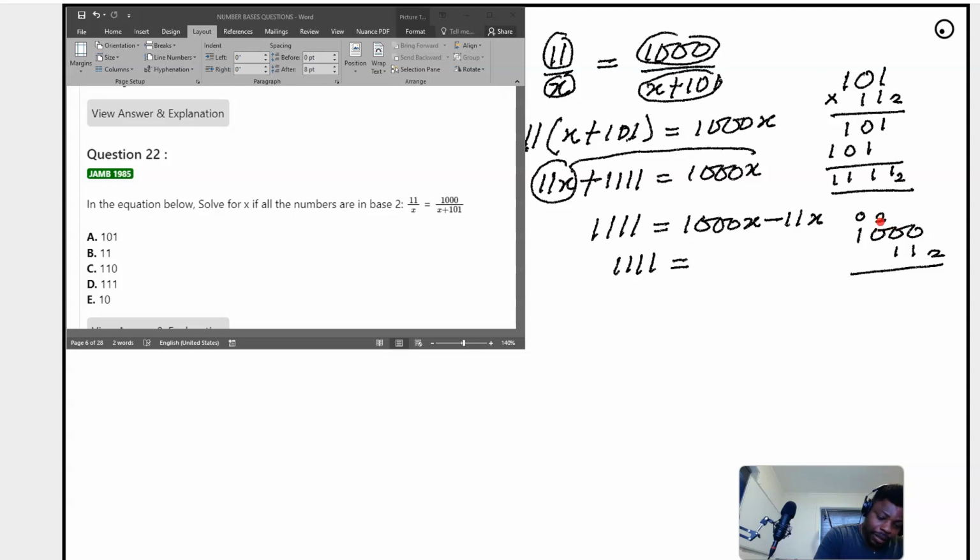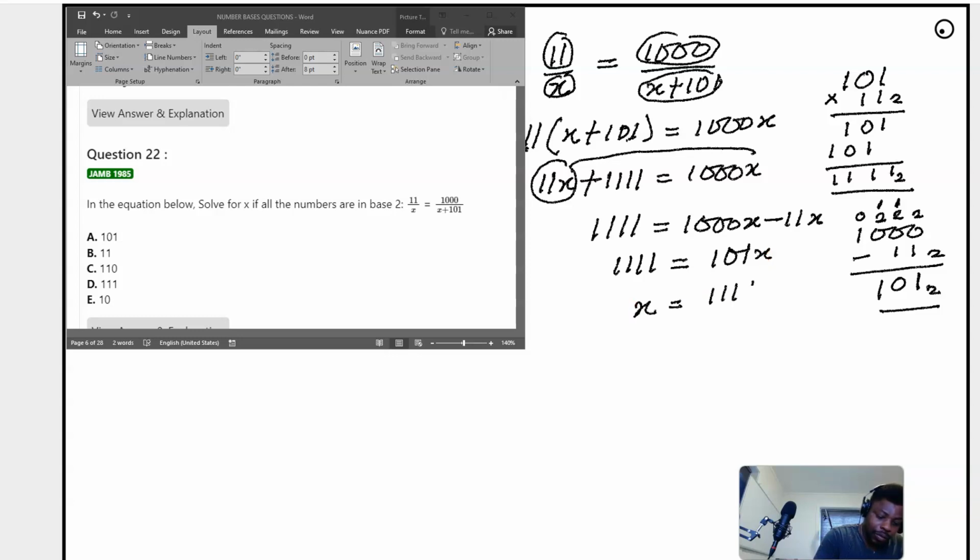Let's borrow 1 from here. If you borrow 1 from 2, this is 1, and the one you borrow is 2. Let's borrow 1 from here. This is 1. The one you borrow is 2, so this is 2. So we are subtracting 2 minus 1. This is 1. Good. Then 1 minus 1 is 0, and 1 minus 0 is 1. And there is nothing here. So you have 101 in base 2. So this is 101x.